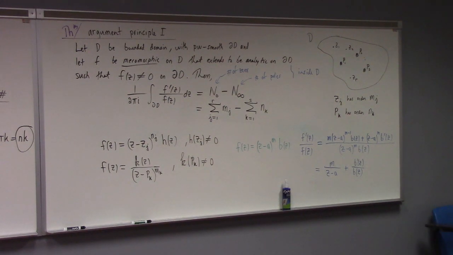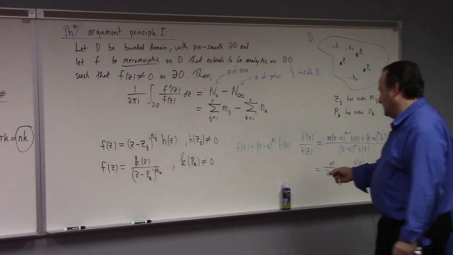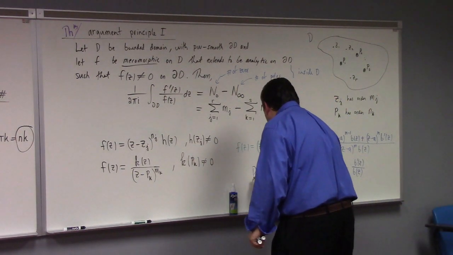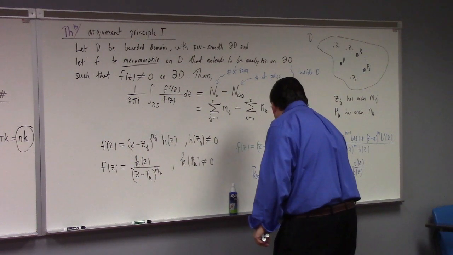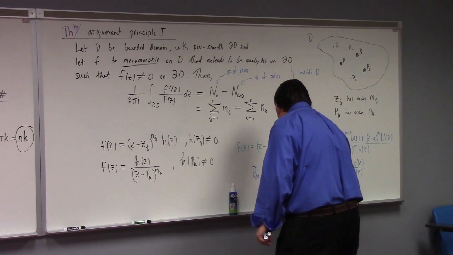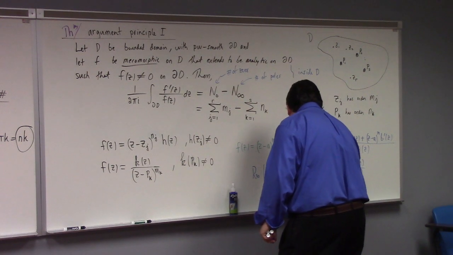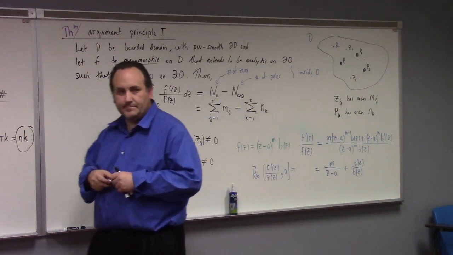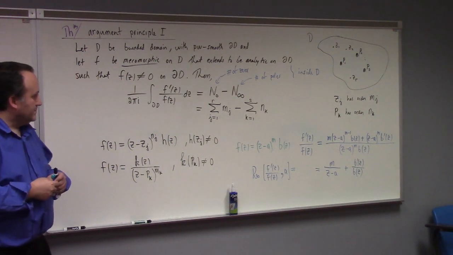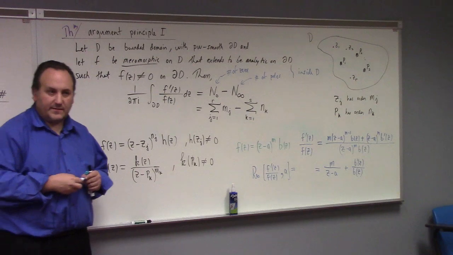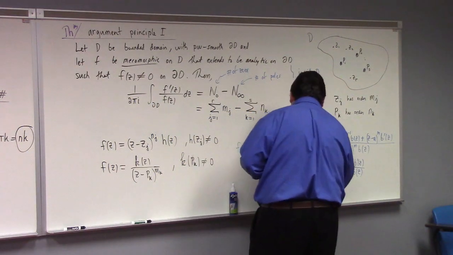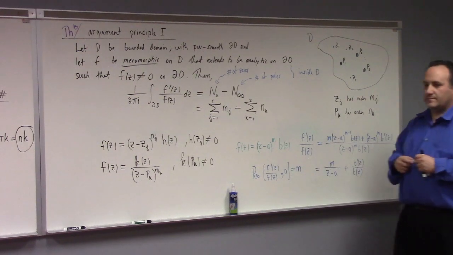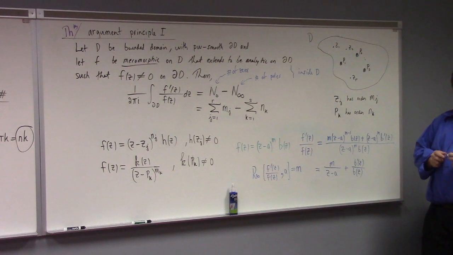So what's the residue of f prime of z over f of z at a? It's just m. So what does this mean? The value of that integral was 2 pi i m.